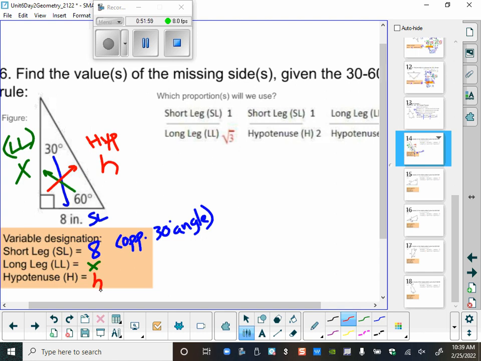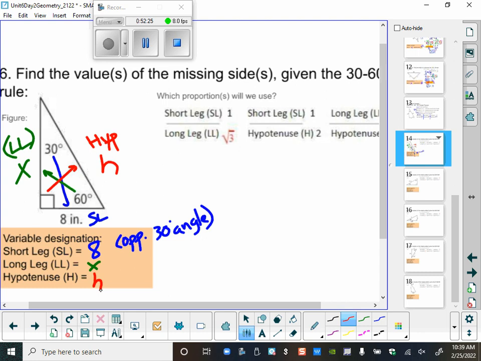If you use X, you can't use it twice. So any other variable except X, if you've used X already. Now, if you said this was L, and then made the hypotenuse X, that's okay, but you just can't use the same variable twice. So that's the thing.